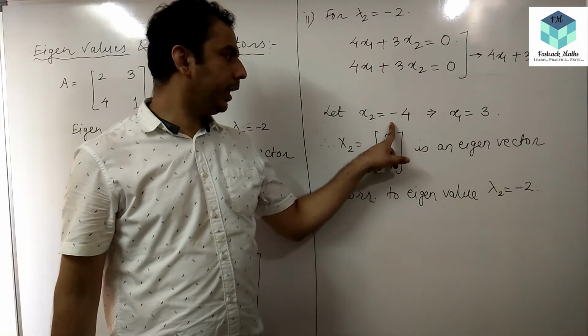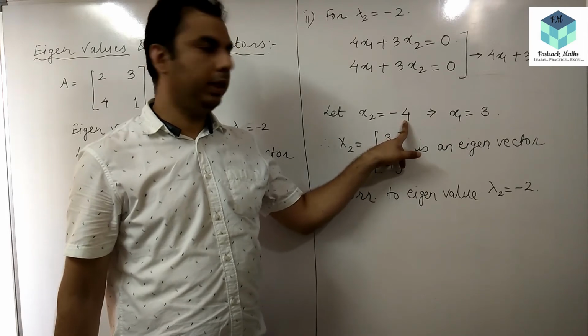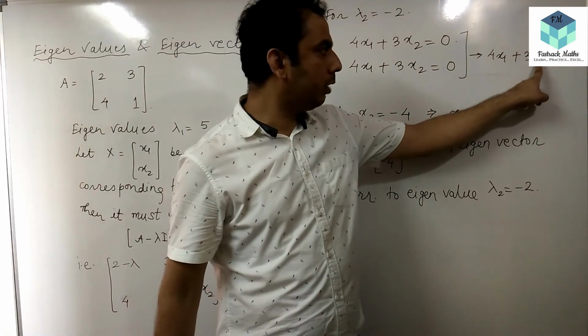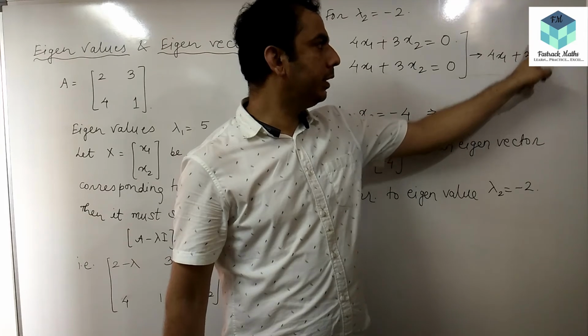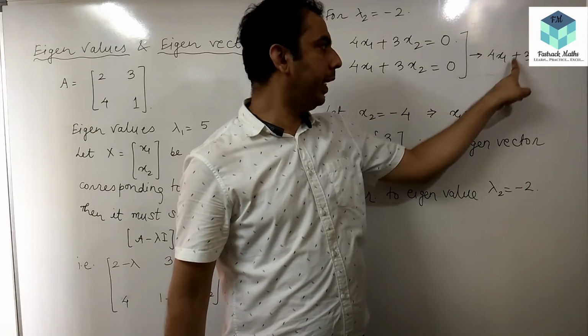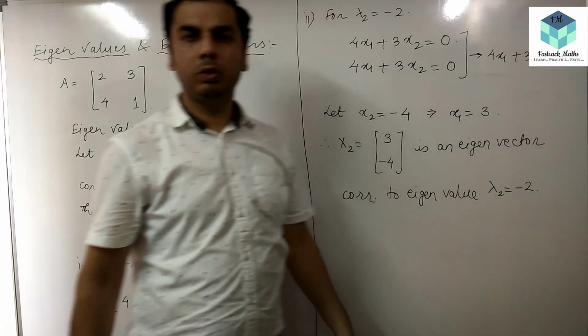Why are we taking x2 is equal to minus 4 only? Because if we put x2 is equal to minus 4 here, then x1 will be equal to 3.